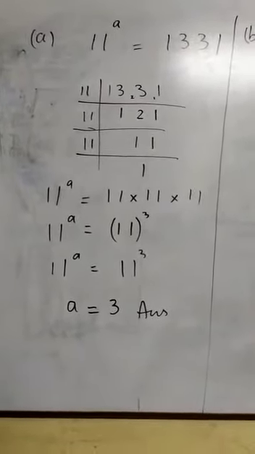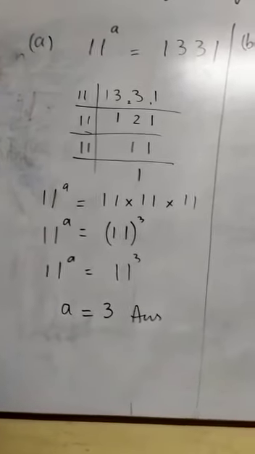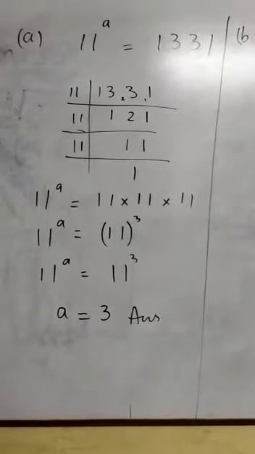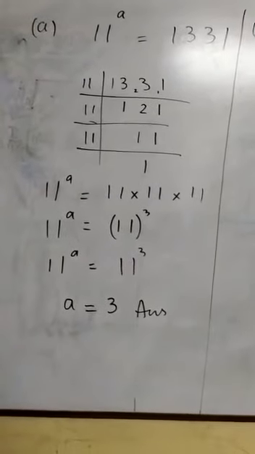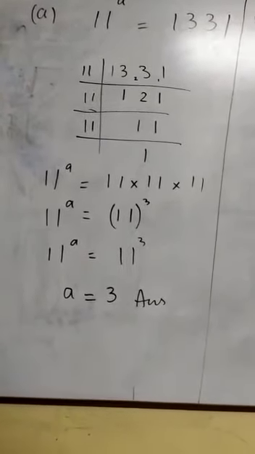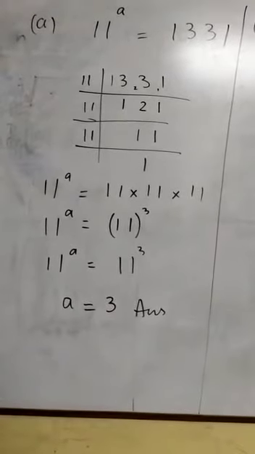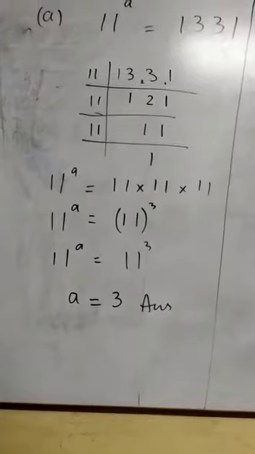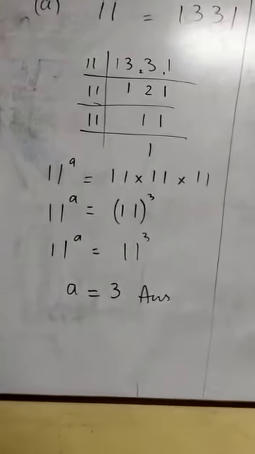Now I am explaining this question again. The very first step in this question is to find prime factors. The prime factors of 1331 are 11 into 11 into 11, so it means it is 11 to the power 3.